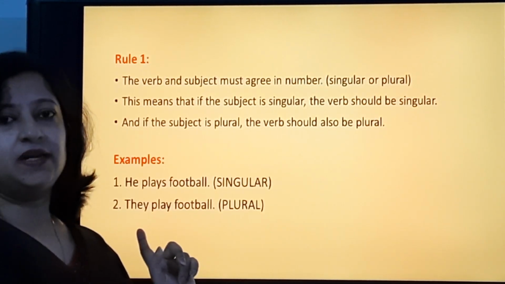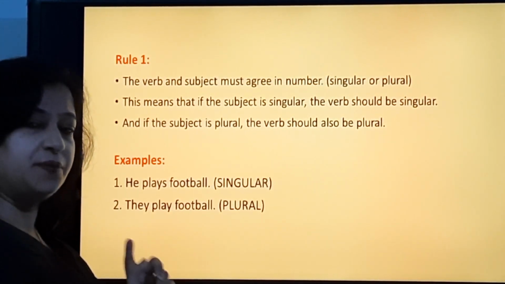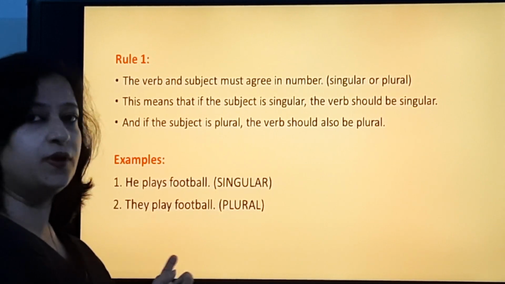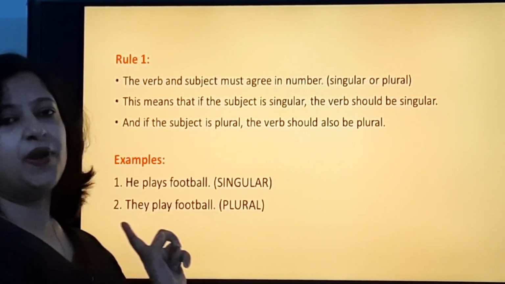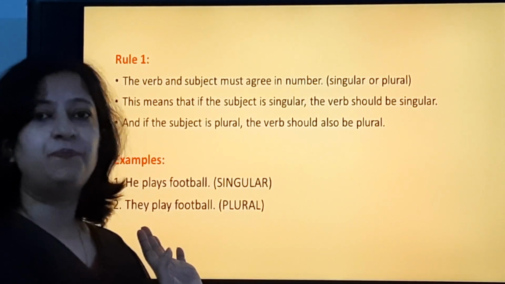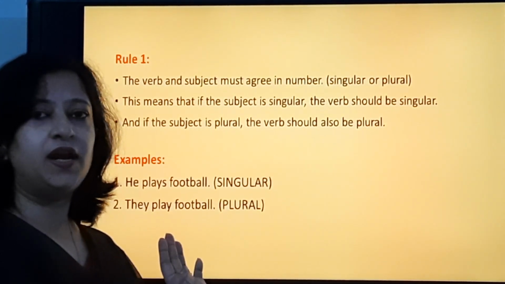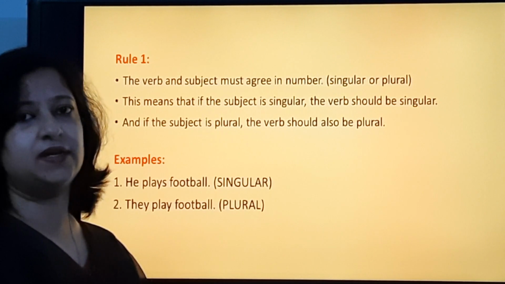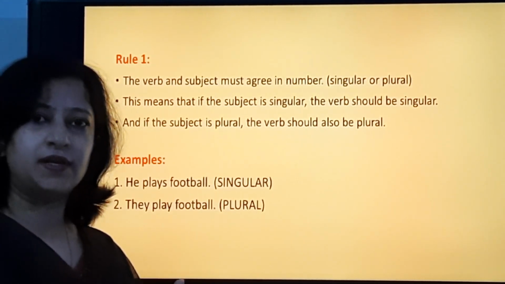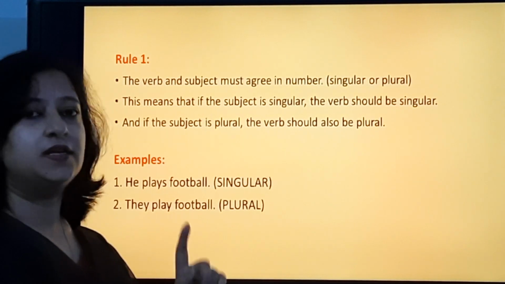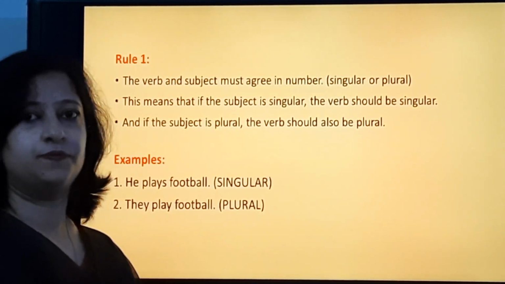Again, in the second sentence, you can see that the subject of this sentence is plural. So with the plural subject, the verb play is used. Only play has been used without any addition of s or es in the root form of the verb. I hope children this first rule is clear. Alright, let's move on to the second rule now.